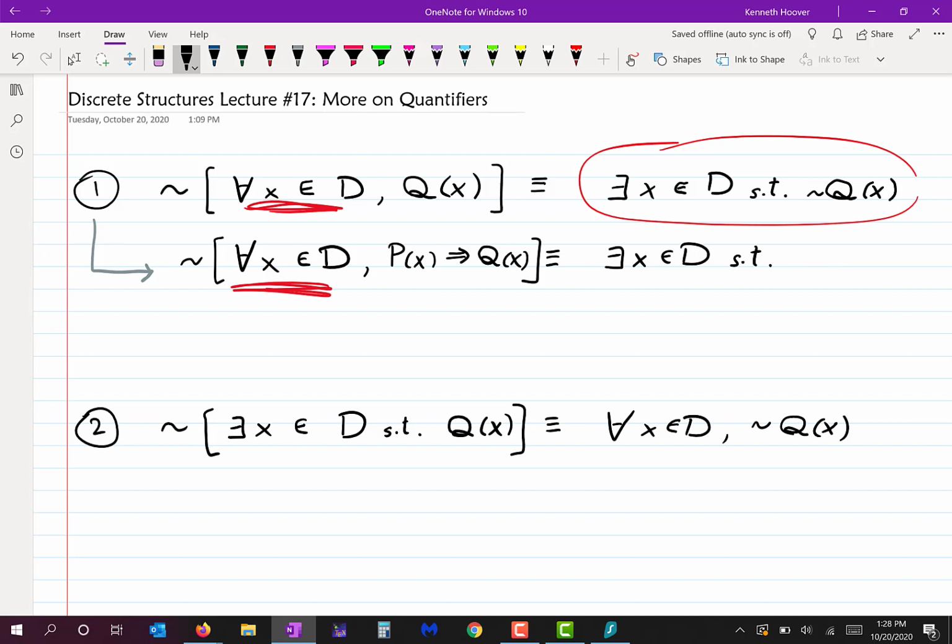And what comes after such that? Well, let's look up there. What came after such that? The negation of this. So what should go right here? Should be the negation of this. Okay, so the negation of P of x implies Q of x.